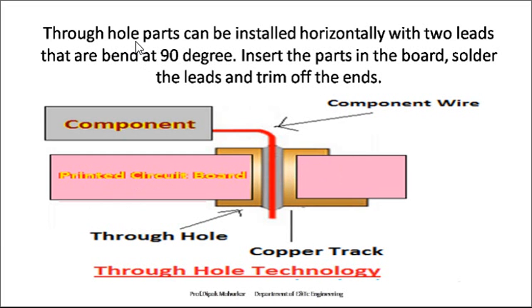Through hole parts can be installed horizontally with two leads bent at 90 degrees. Insert the part in the board, solder the lead, and trim off the ends. So this is one of the techniques.